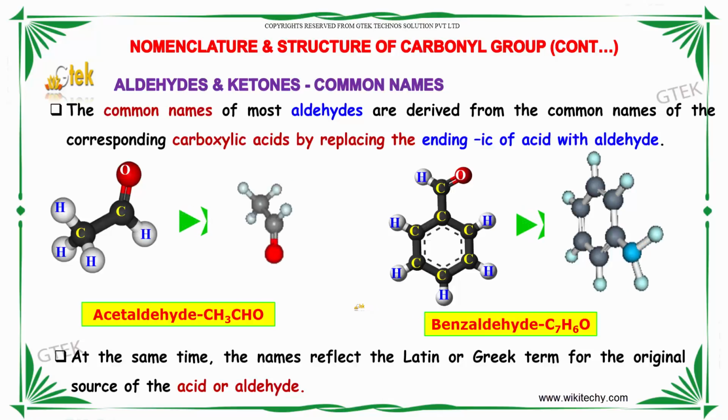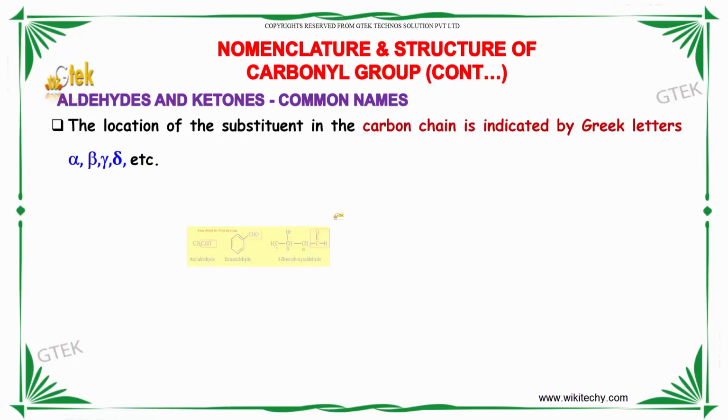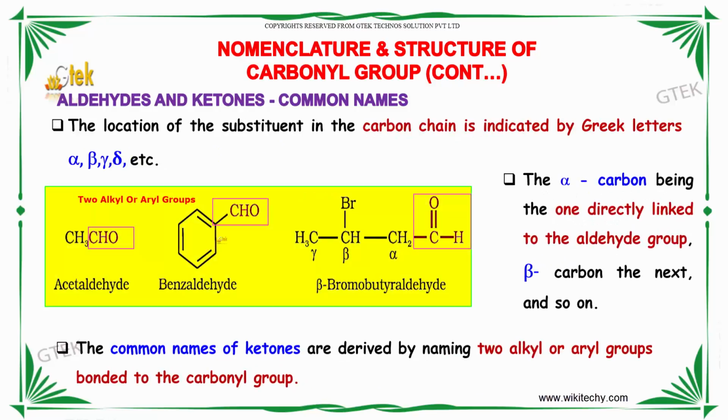At the same time, the names reflect the Latin or Greek term for the original source of the acid or aldehyde. The location of the substituent in the carbon chain is indicated by Greek letters, that is alpha, beta, gamma, delta, etc. The alpha carbon is the one directly linked to the aldehyde group.